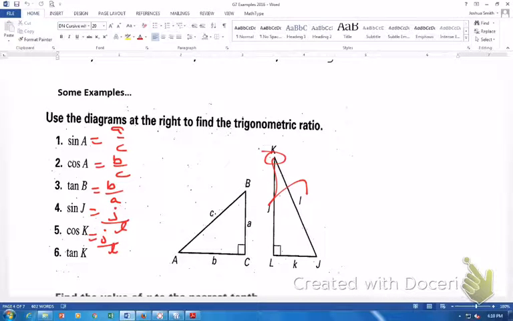In the same right triangle, the sine of one and the cosine of the other are the same thing. Okay? And then tangent of K. K is here. Tangent is opposite over adjacent. So it's K over J. Okay? So hopefully this is making enough sense.